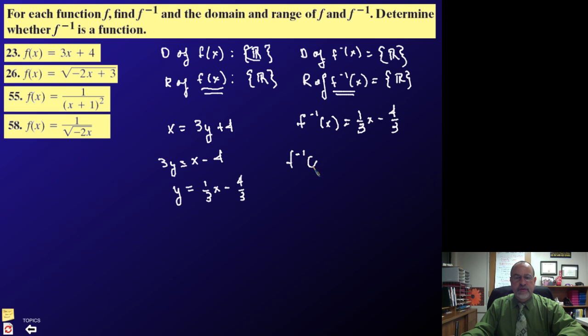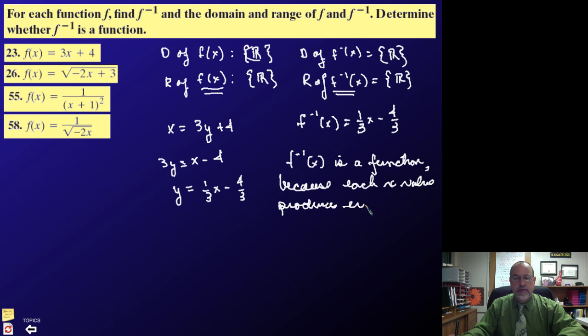So f inverse of x is a function. Explanation: because each x value produces exactly one y value. Okay, and that's your explanation.